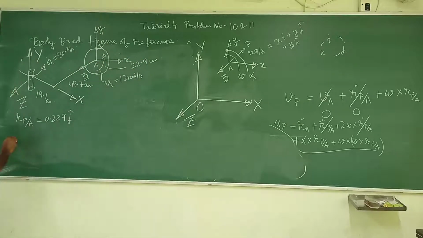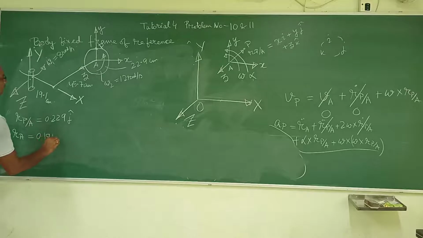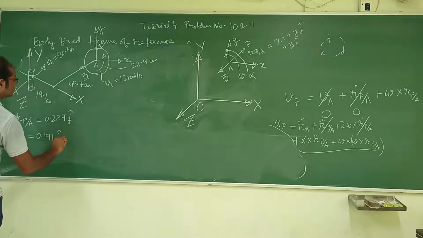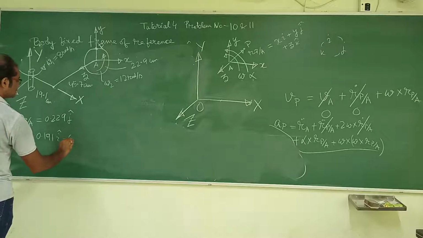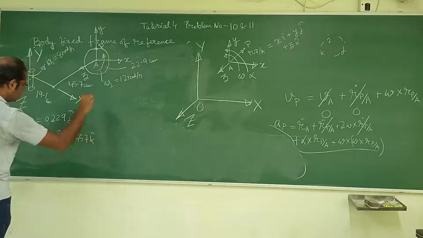Now what is RA? RA is going to be, I'll be moving 0.191 I and towards Z minus 0.457 K.